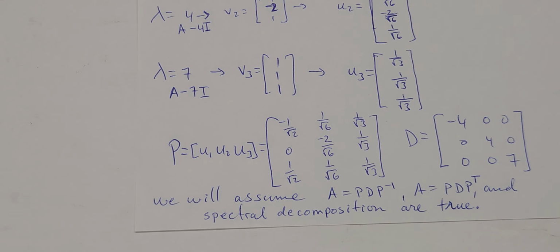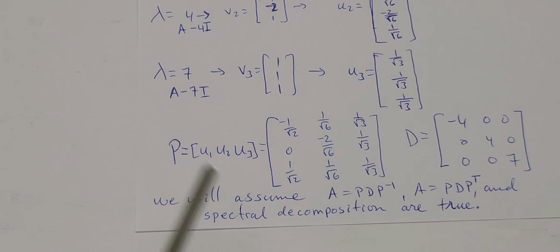Okay, so one more time. This right here that I am circling is the diagonalized. This over here is the orthogonal diagonalized. And the spectral decomposition is from the previous example, the previous video, so we'll just assume that it is true.